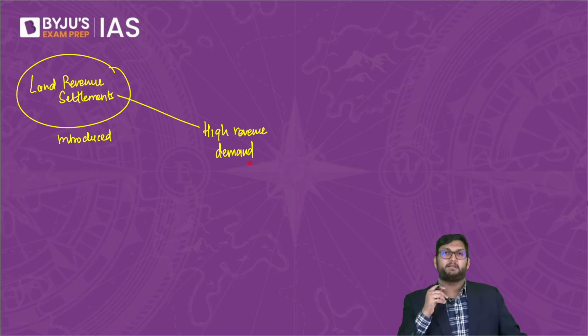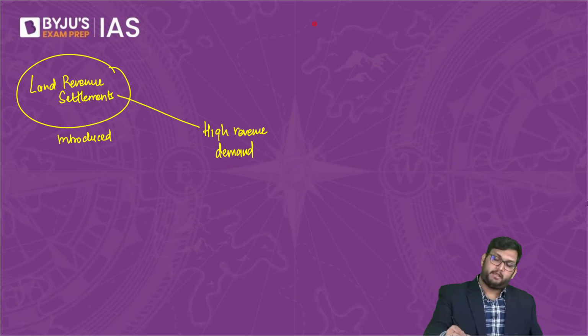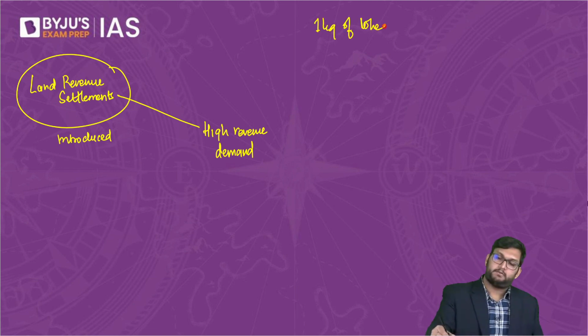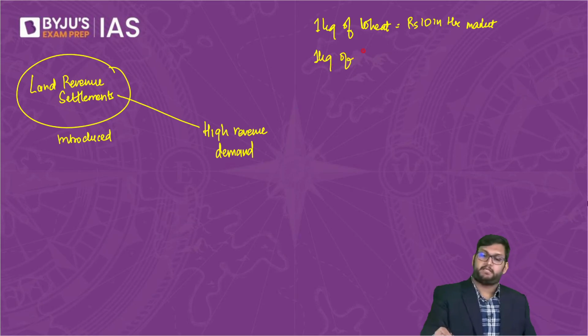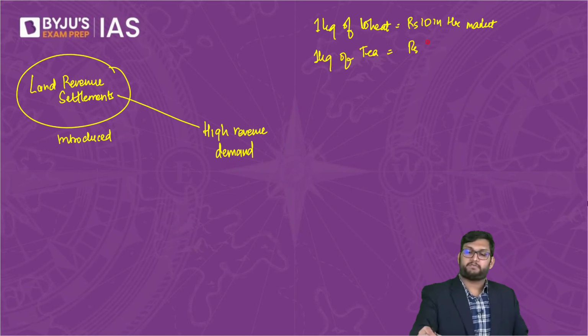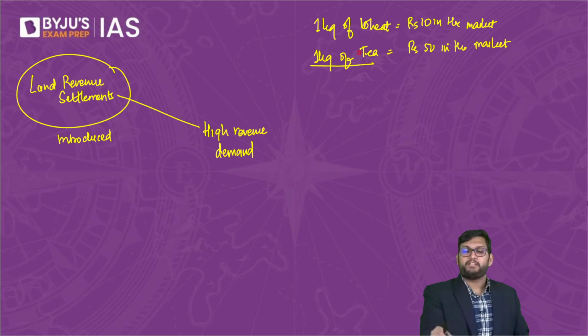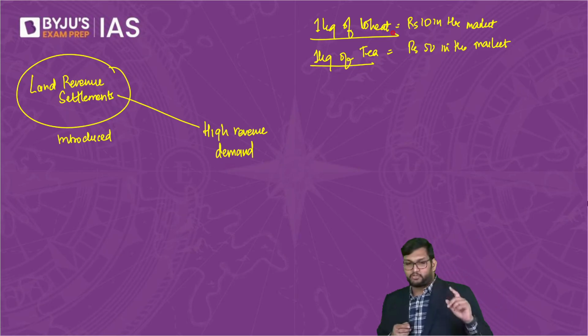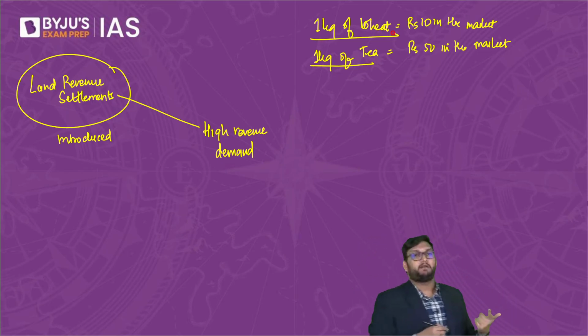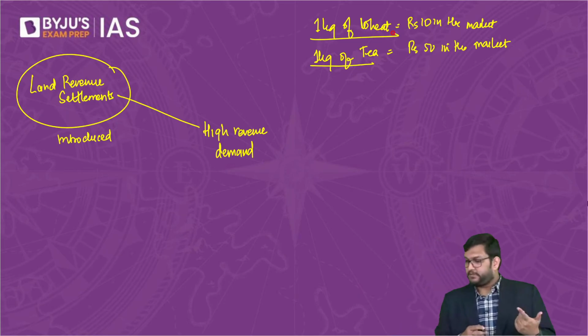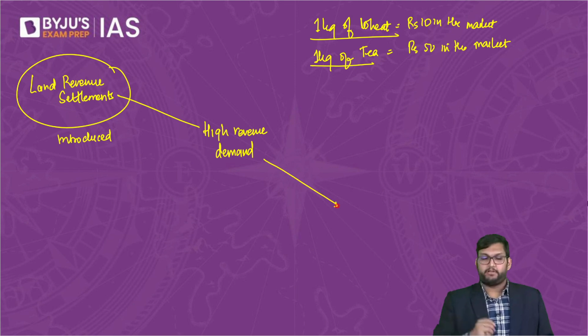And 1 kg of wheat goes for ₹10 in the market and 1 kg of tea goes for ₹50 in the market. So which crop will actually let you meet the demand by producing it? Tea. Great. High revenue demand is there.